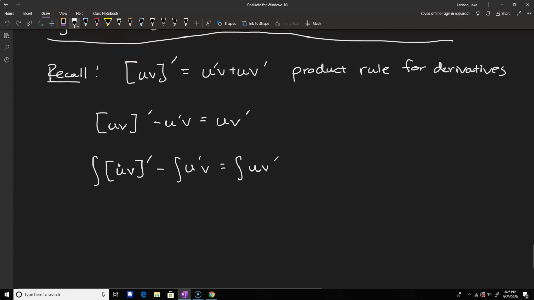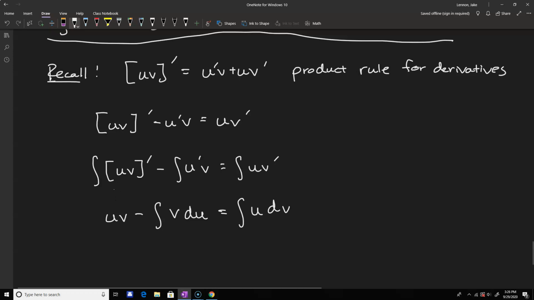Well, the integral here will cancel out with the derivative. Those behave like inverse operations. That's the fundamental theorem of calculus part 1. So now we would have uv canceling out with the derivative operation. Then we'd have the integral of v, and then instead of u prime, we'll write it as du. And then this will equal the integral of u times dv.